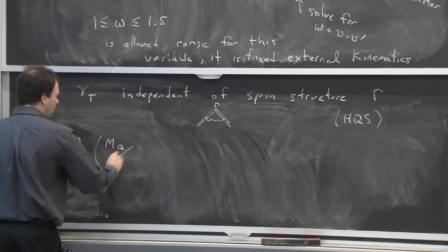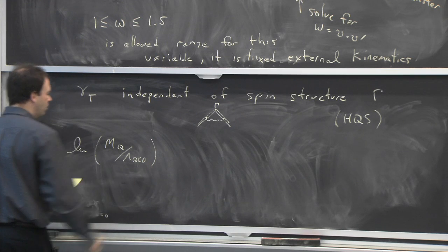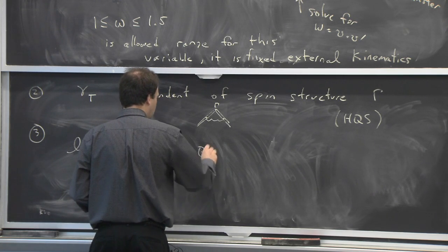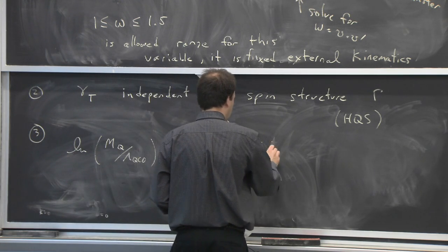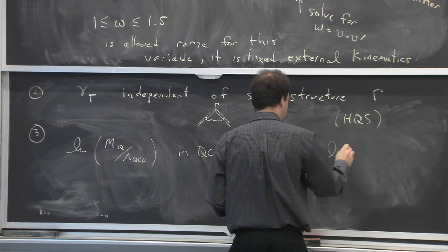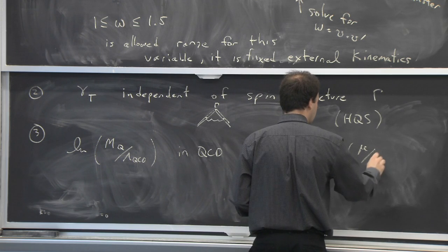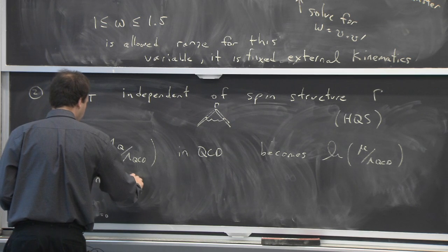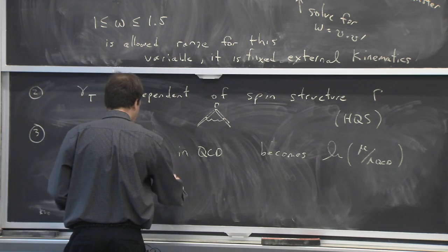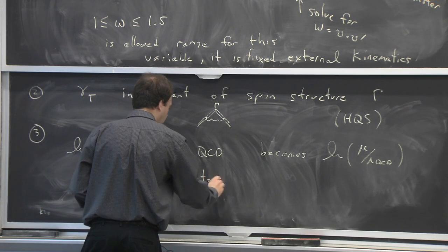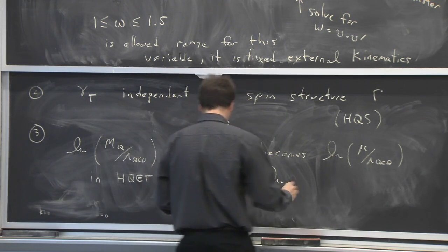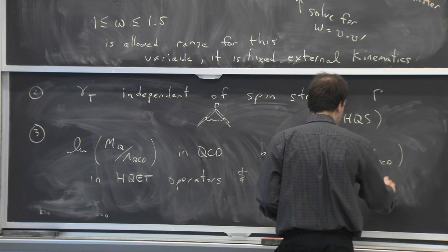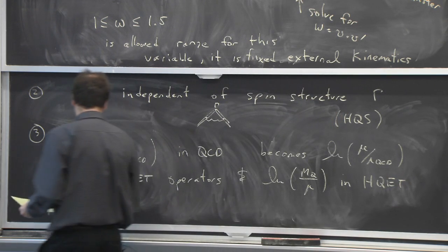So what is physically going on here, and what is the HQET doing for you, is that there are logs like this, mq over lambda QCD in QCD. And by going over to HQET, this becomes a log of mu over lambda QCD, which is encoded in HQET operators, like this current, as well as a log of mu over mq, or mq over mu, which is in the HQET coefficient functions, the HQET Wilson coefficients.